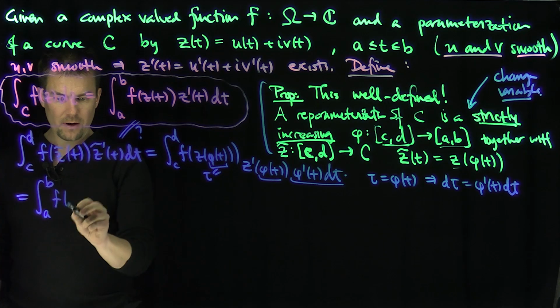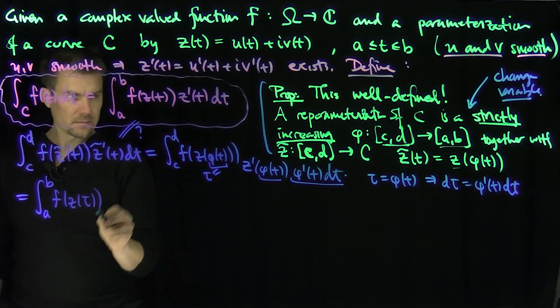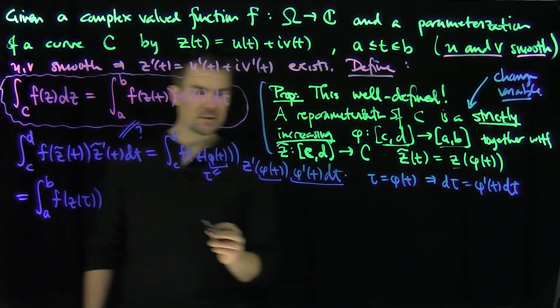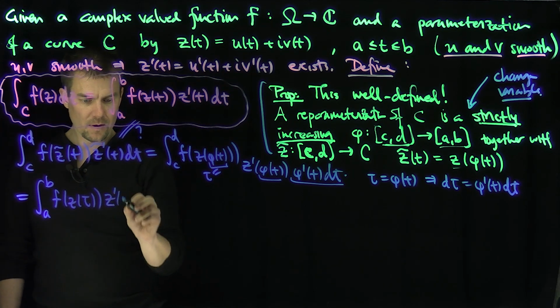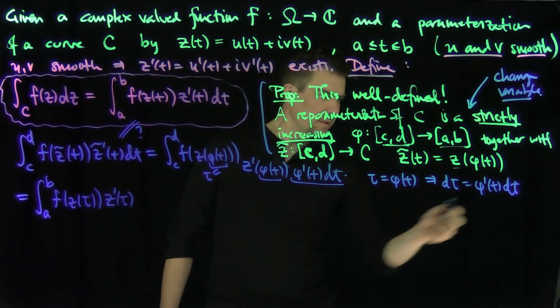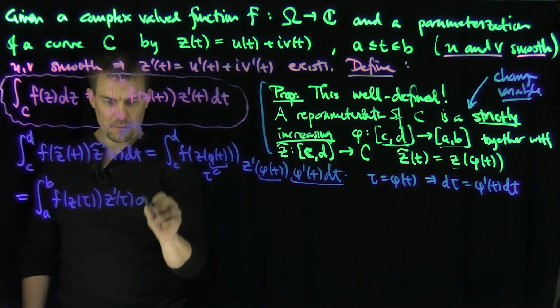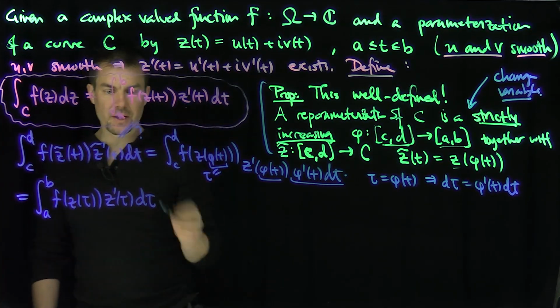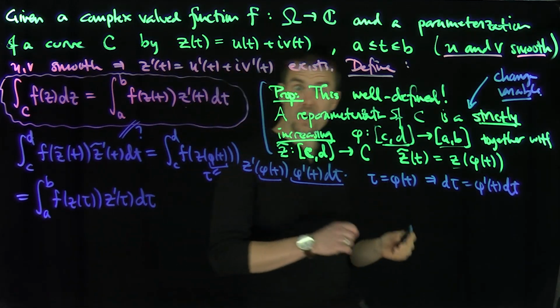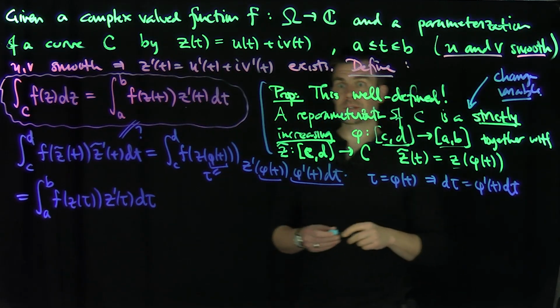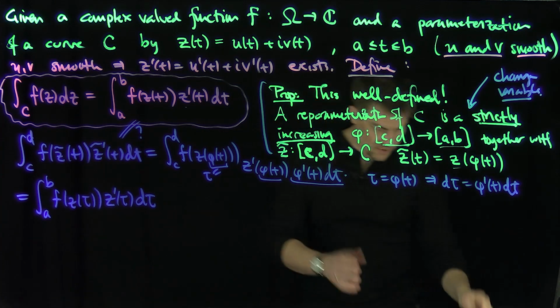Then I have f of Z of tau, because phi of T is tau. Then I have Z prime of tau, and then phi prime of T dt is d tau. But that's just a dummy variable for this. So indeed, it's consistent, right? So I have a consistent way of defining these integrals over here. That's the first thing.